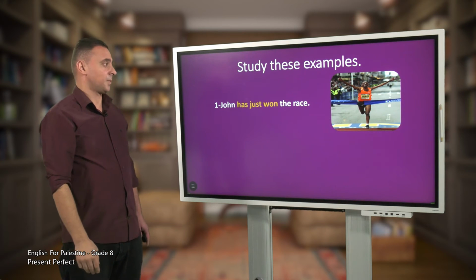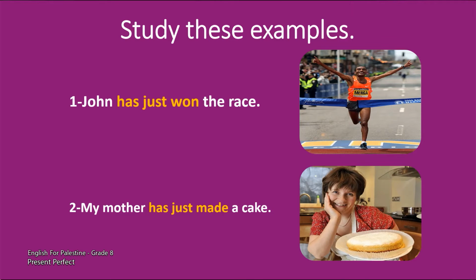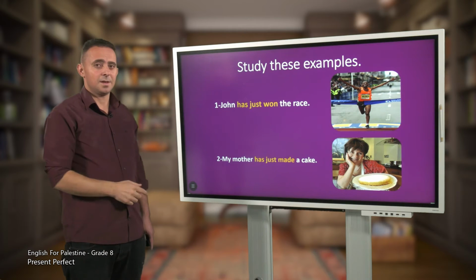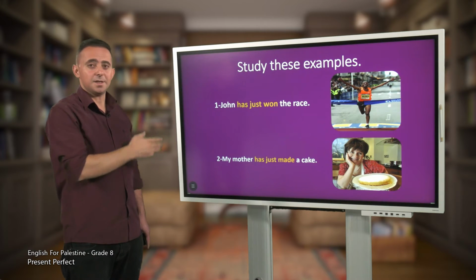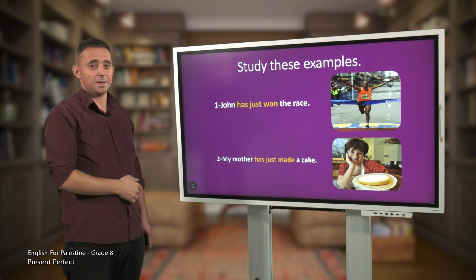Let's continue. What about this example? Look at the picture. Let's use the present perfect to talk about what the mother has done. My mother has just made a cake. Again, my mother has just made a cake. Notice, dear students, the verb has made. This is the present perfect. And the word just is in the middle between has and the past participle made.